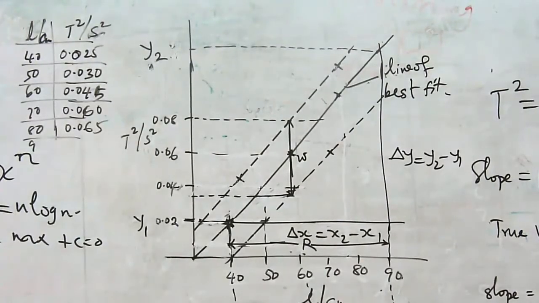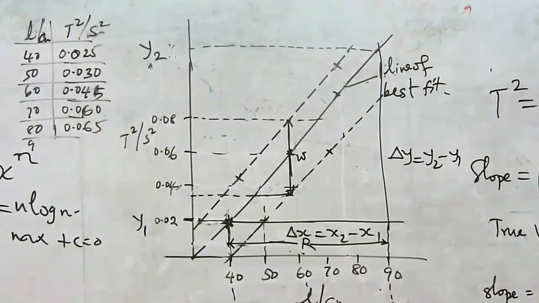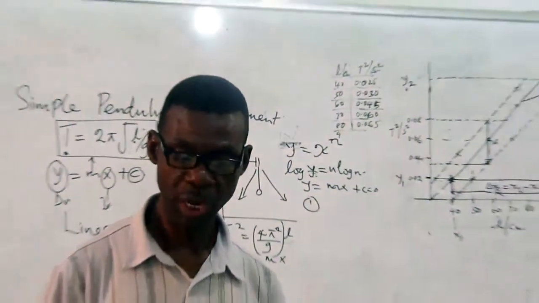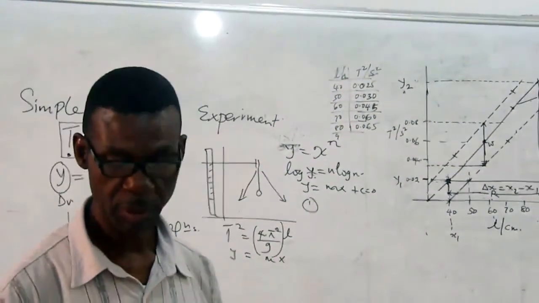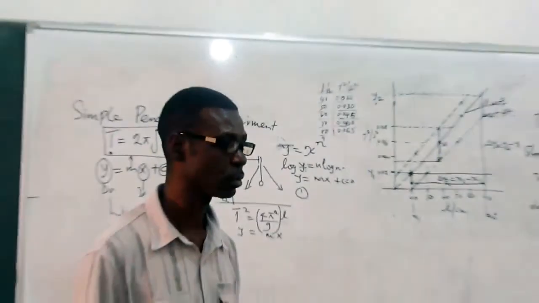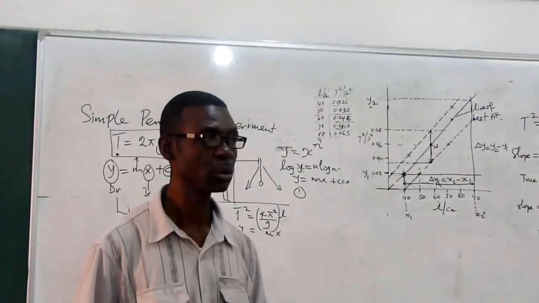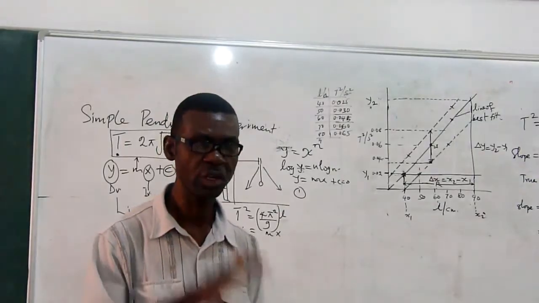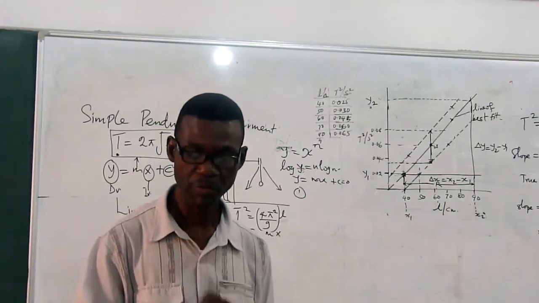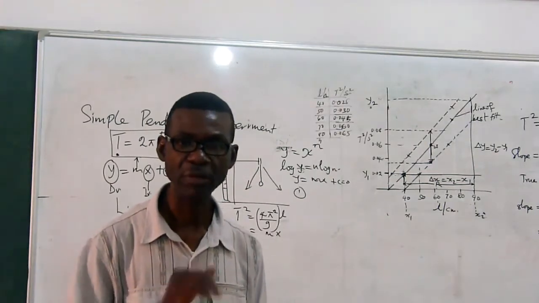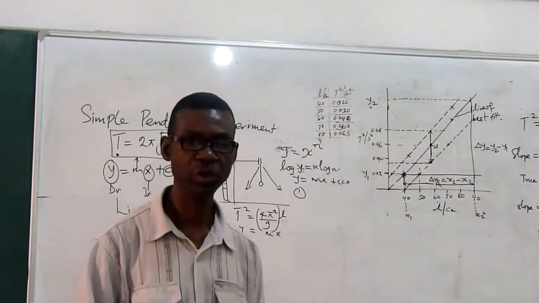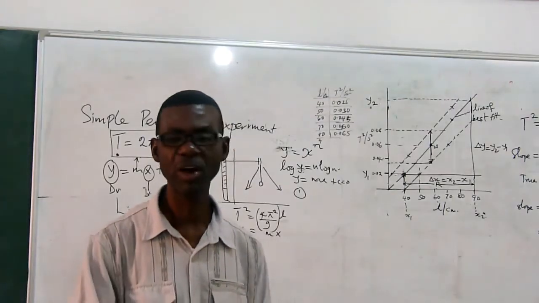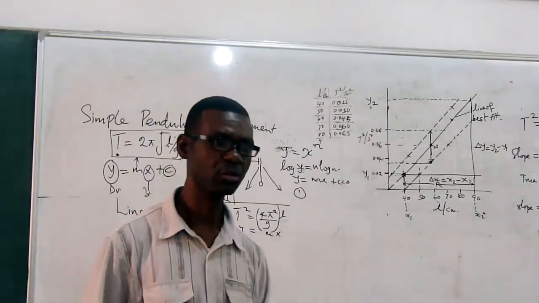But another thing which we have to take note of is error handling. There are 2 or 3 ways by which we handle error when we are performing experiments, especially when you have to draw graphs. It is not possible to perform experiments without having errors. There are different categories of error: random error, systematic error, environmental error due to environmental circumstances, and so on.